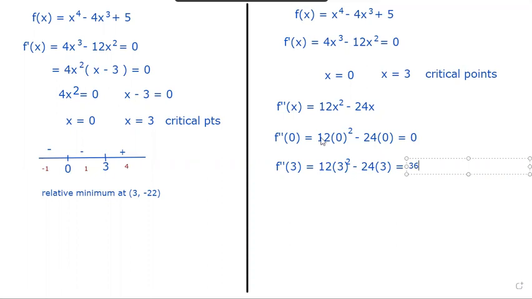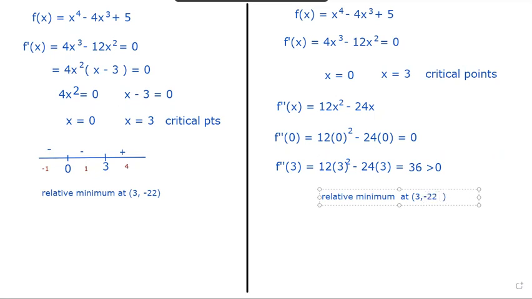So now, if we remember, 36 was greater than 0. So once again, we had a relative minimum at 3. And once again, plug the 3 back into the original f of x function. That is 81 minus 108, which gives us a negative 27, plus 5, which gives us a negative 22.